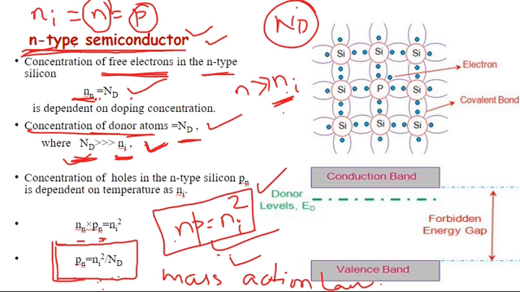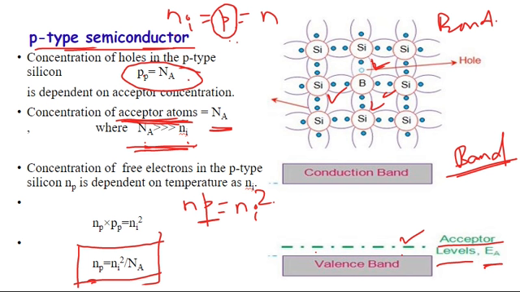Similarly, in N-type we can see the figure. In this band diagram we have an extra energy level nearer to the conduction band. This is called the donor energy level, Ed. These have extra electrons, and their energy level is present near the conduction band. You have to remember that the donor energy level is near the conduction band and the acceptor energy level is near the valence band.